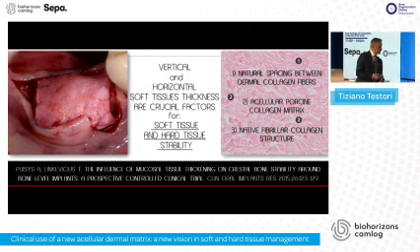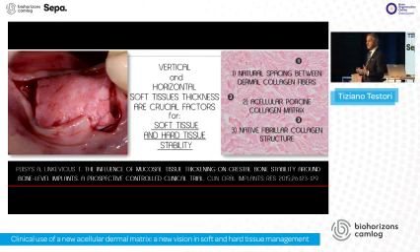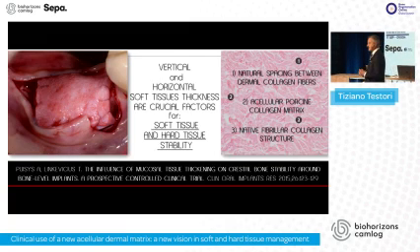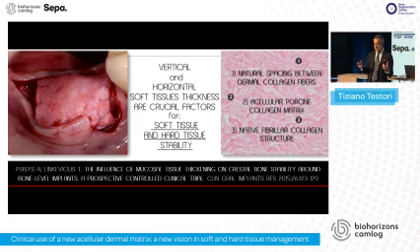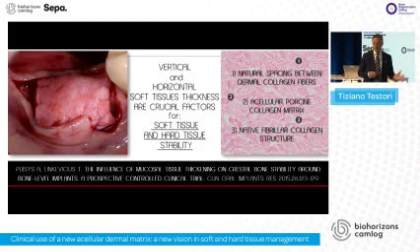Then I should quote a good friend of mine, Linkevicius, who did a lot of original studies, randomized controlled studies. To summarize his knowledge and the clinical message coming from his studies, we can say the vertical and horizontal soft tissue thickness of 2 to 3 millimeters is the magic number for soft tissue stability and hard tissue stability.